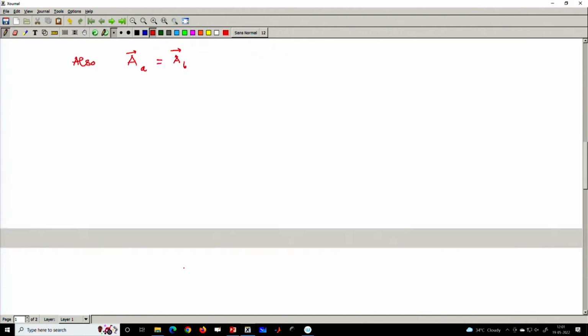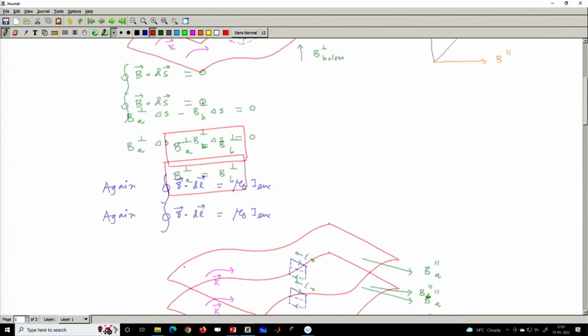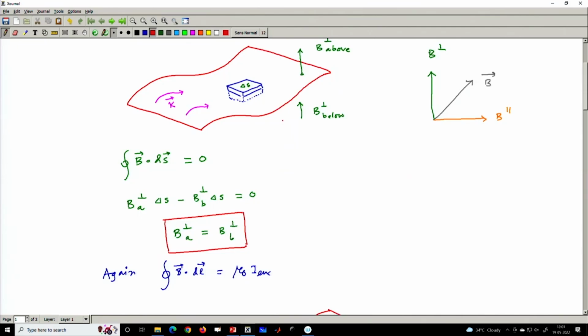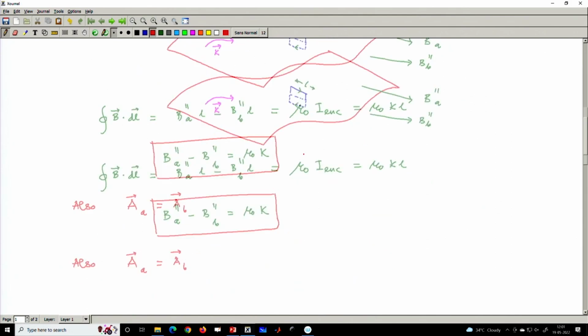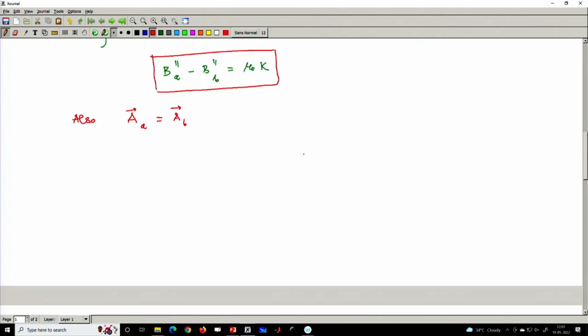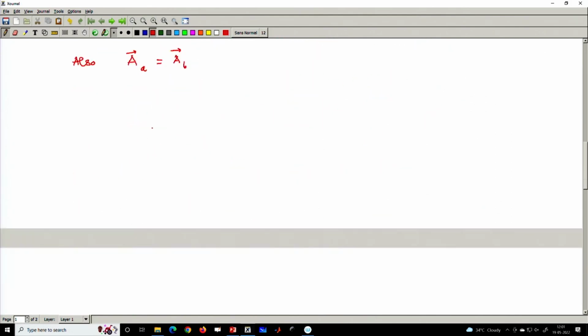Whatever vector potential we have below is the same vector potential we have in the above part of this interface, and that we can show. That means the parallel component and perpendicular component are both continuous.